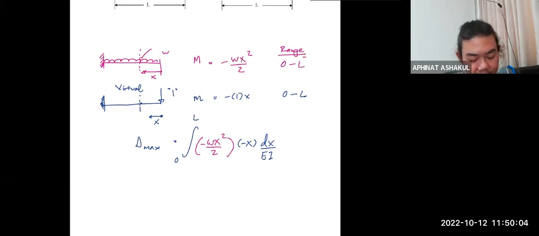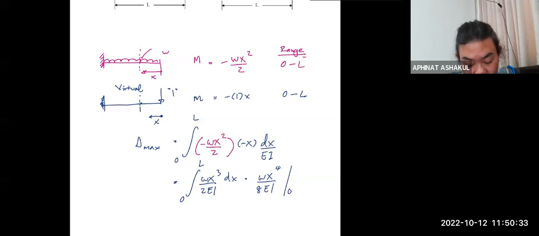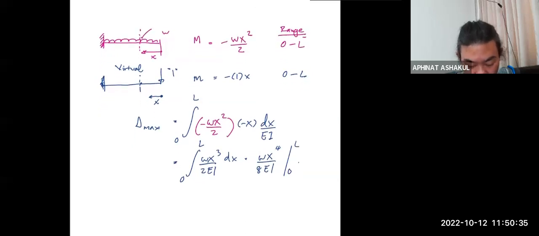Okay, so let's look. Minus minus, so it's gone. wx cubed over 2EI dx, which is wx to the power of 4 over 4 multiplied by 2, so 8EI, from 0 to L, which is wL to the power of 4 over 8EI.